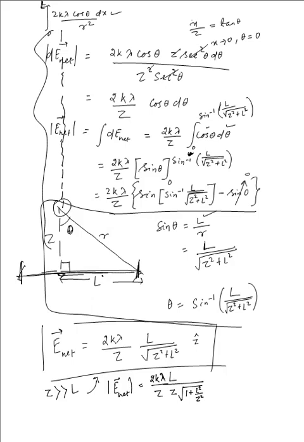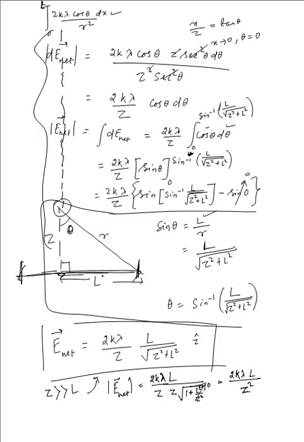We have the magnitude, so we don't care about this term. So here the L square by z square term can nearly go to 0, because that becomes very small when compared to the addition with 1. So what we have finally is 2k lambda L divided by z square.